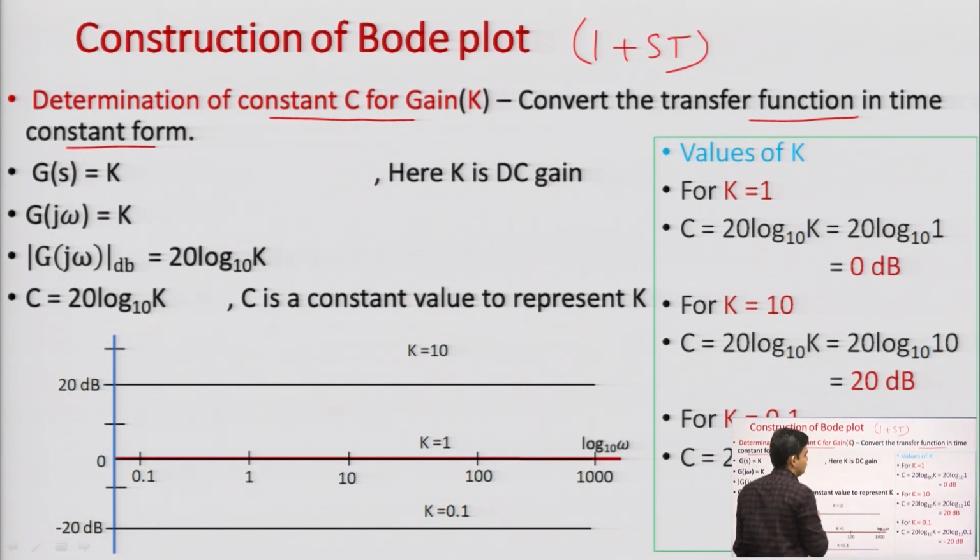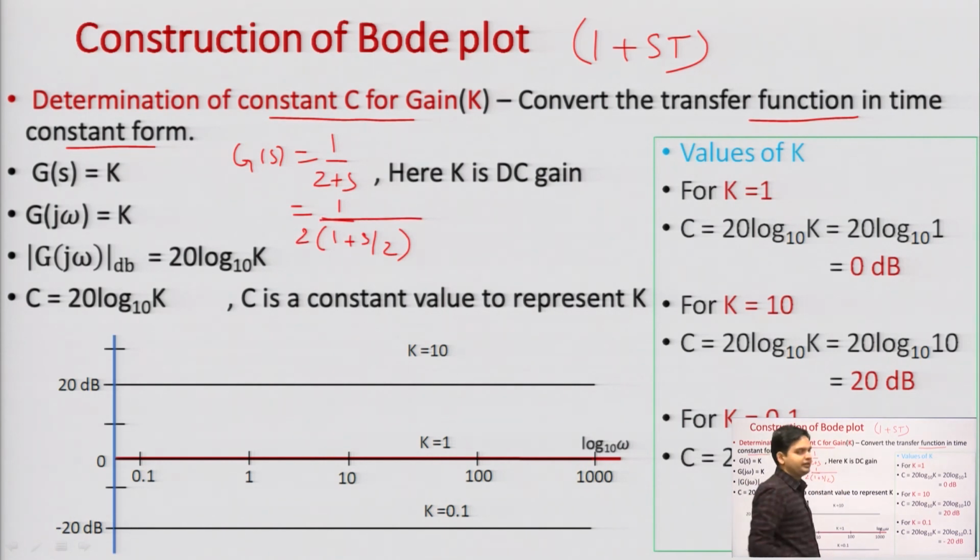Suppose we are getting G(s) equal to 1 over 2 plus s. I will convert this into 1 plus s T form. I will take 2 common, 1 plus s by 2. So, this is my standard format. I need to convert, then I will determine the value of k. This is my step 1, where k gives you the DC gain.